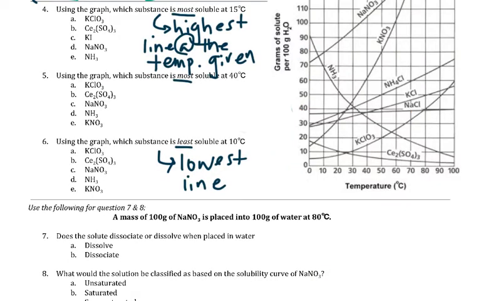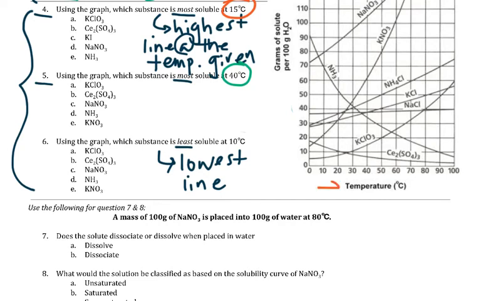So now moving on to questions 4, 5, and 6. These are asking you which one's most or which one is least soluble. So the key to this on number 4 and 5, right, these are asking you for most soluble at a specific temperature. Okay, so all you have to do is go to your graph, right?